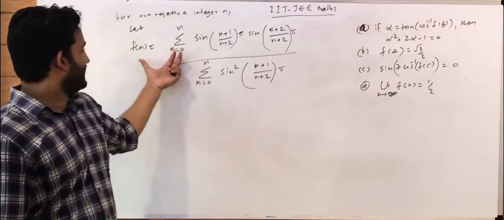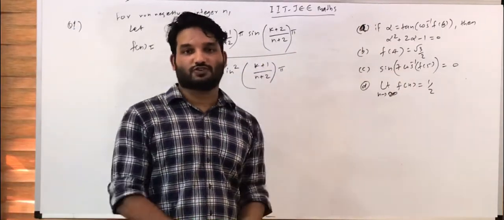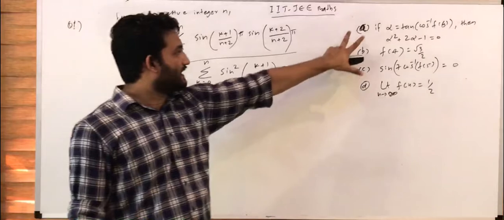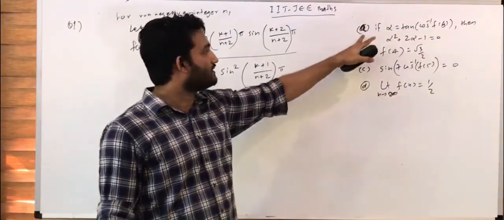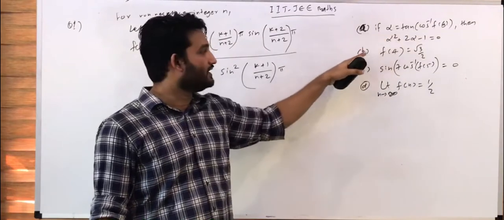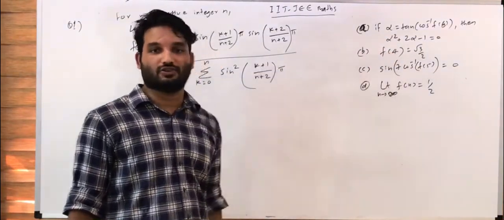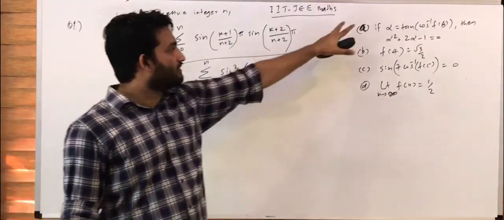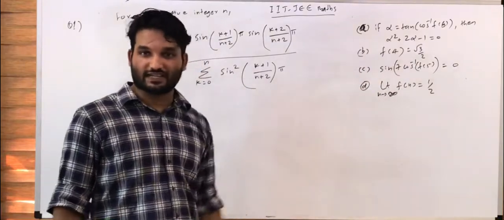So f of n is given, and this is a multiple choice question in which there are 4 options. There may be one correct option, there may be 2 or 3 correct options, or all are correct. So we need to check for each option whether it is correct or not.